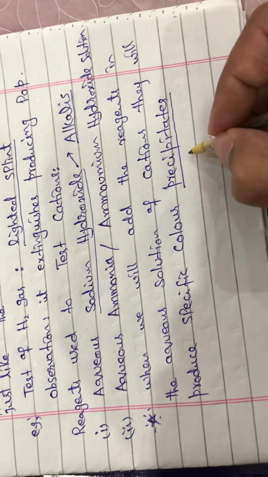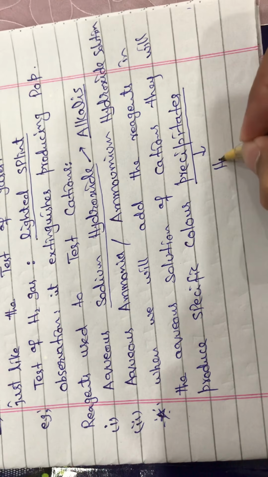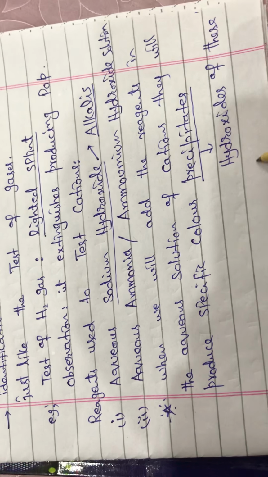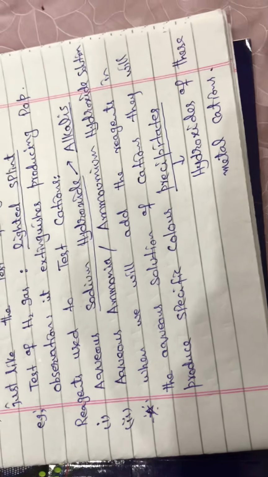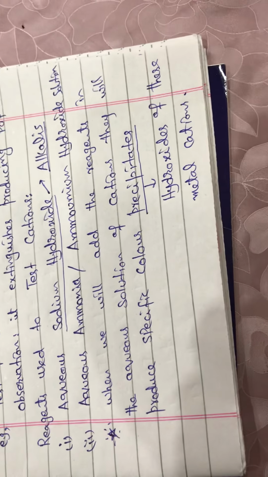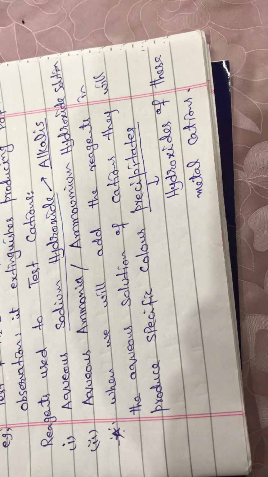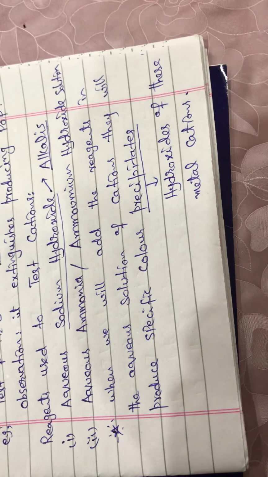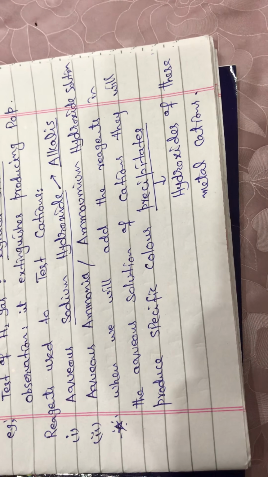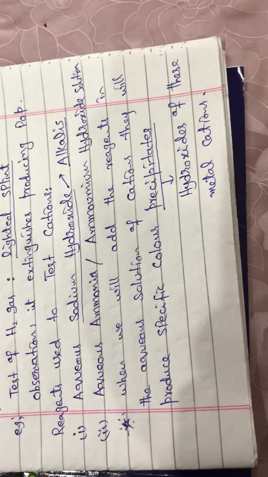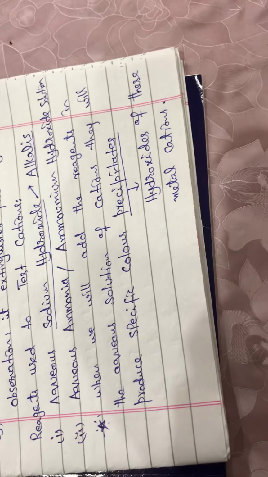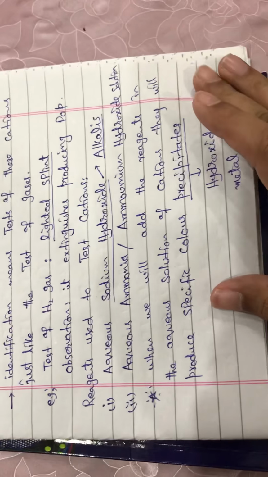Those precipitates will be the hydroxides of these metal cations. So I will ask you, after we start writing the tests for the identification of these cations, what kind of hydroxide will form if that cation is reacting with the sodium hydroxide or aqueous ammonia.